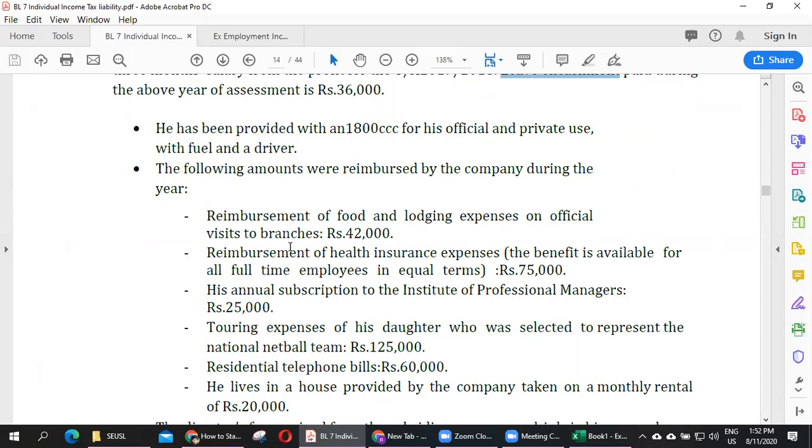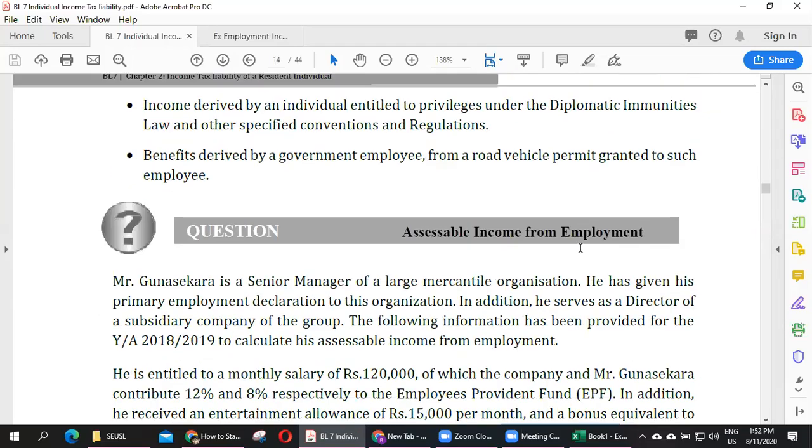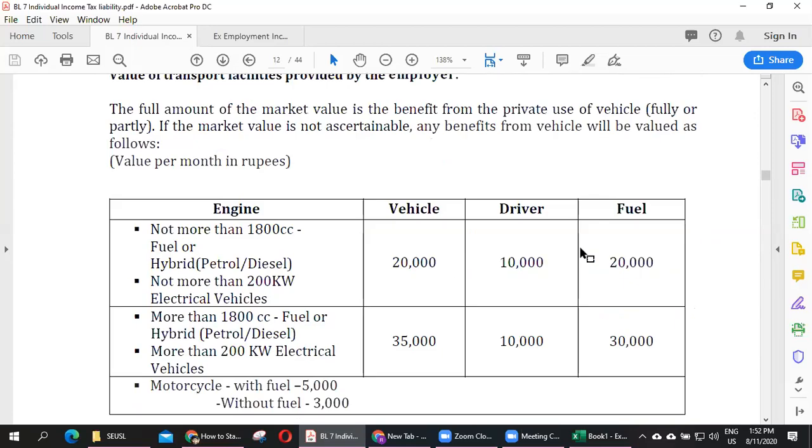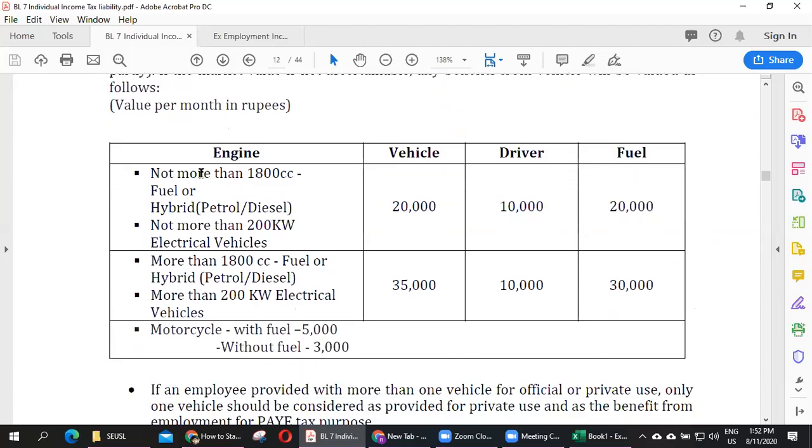And he has been provided with an 1800 cc car. Engine capacity is not more than 1800, so which row of the table do we consider, first row or second row?